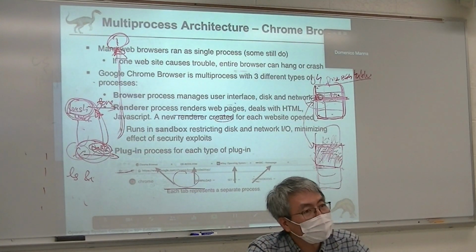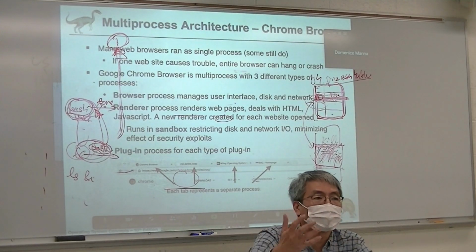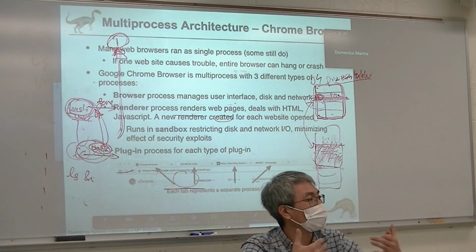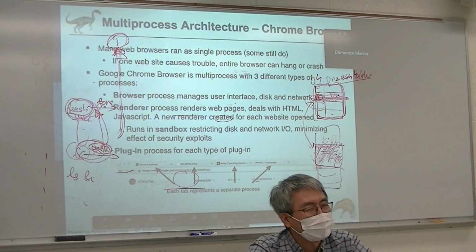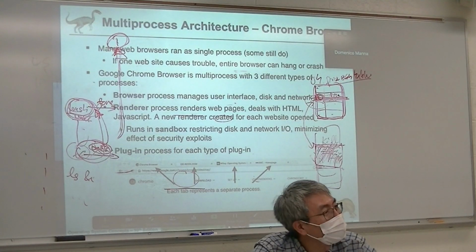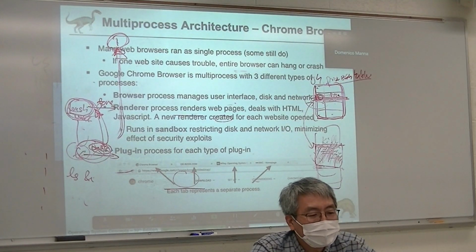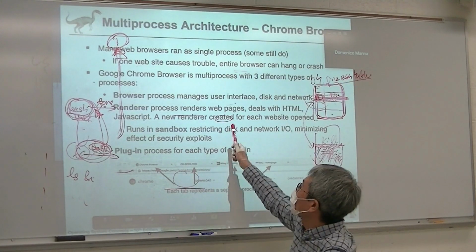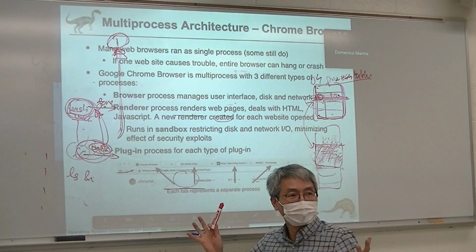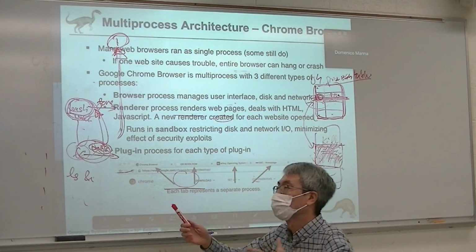But sometimes, when you execute one program, it creates multiple child processes. They work simultaneously. For example, Chrome. Chrome is notorious for using a lot of memory because it creates a number of processes. One is for the browser, one is for rendering, and so on for each.